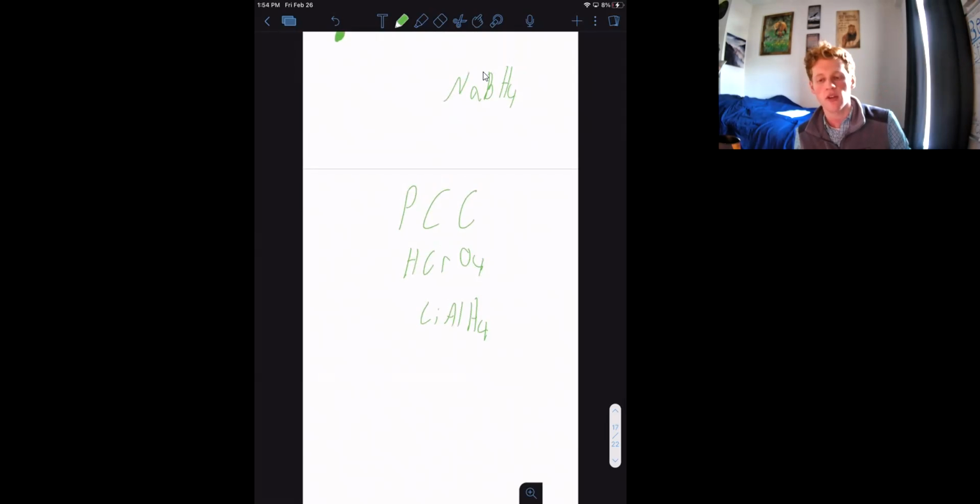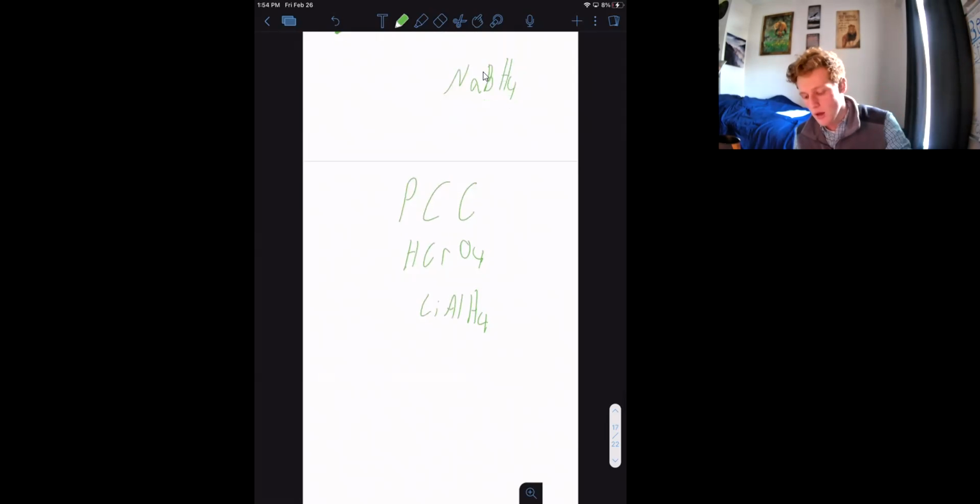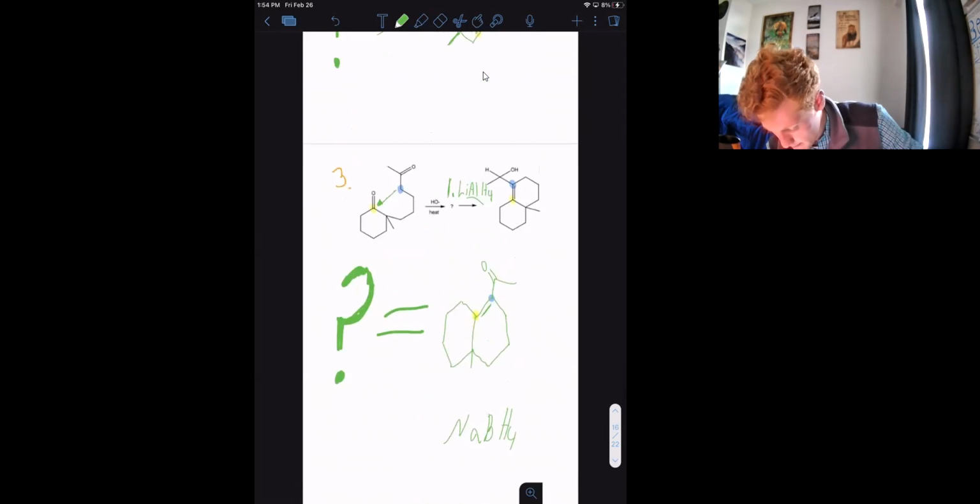So if it's a carboxylic acid, it'll take that acid all the way from 3 bonds associated with the oxygen to just one alcohol. Sodium borohydride is the very last one. That's just going to make a bunch of ketones or aldehydes. So it'll take a carboxylic acid all the way down to just an aldehyde. And that's all you really need to know for this one.